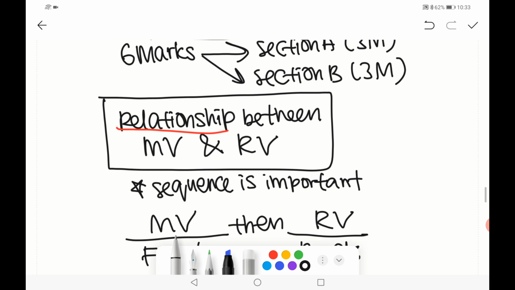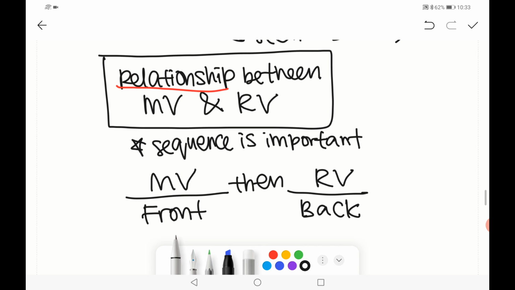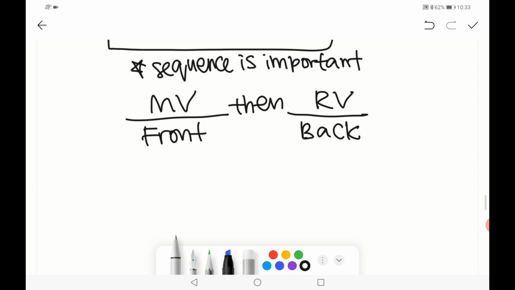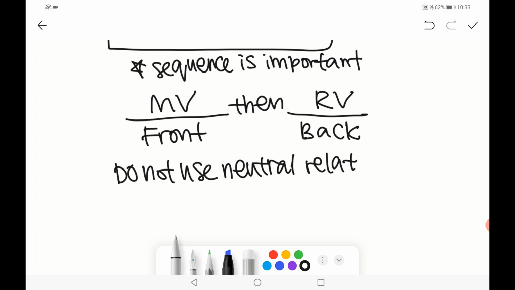And when you are talking about the relationship, please do not use neutral words. What do I mean by neutral words?